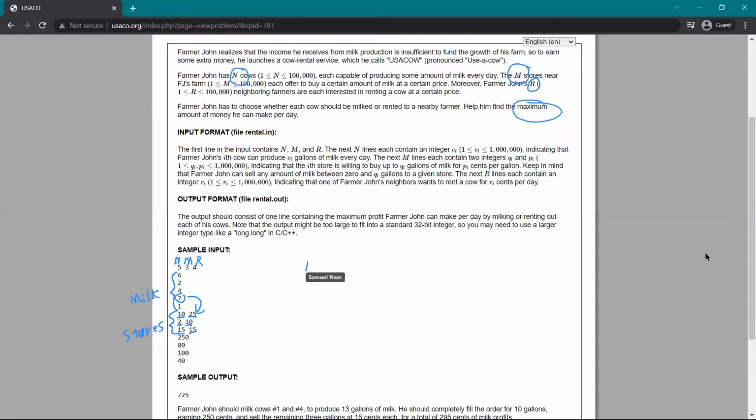So 1, 2, 4, 6, 7. So this is the amount of milk each cow is producing, right? And we want to write 250, 100, 80, and 40.